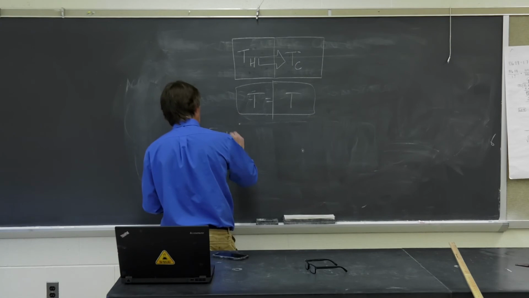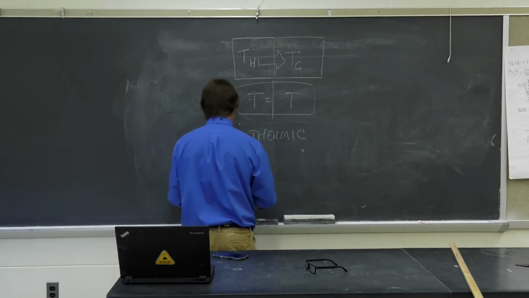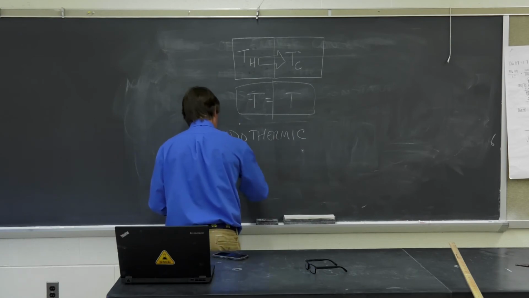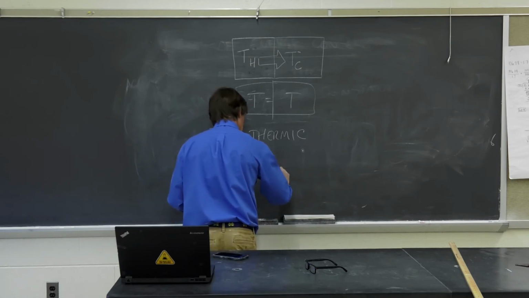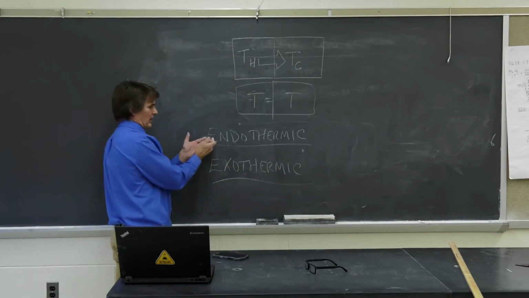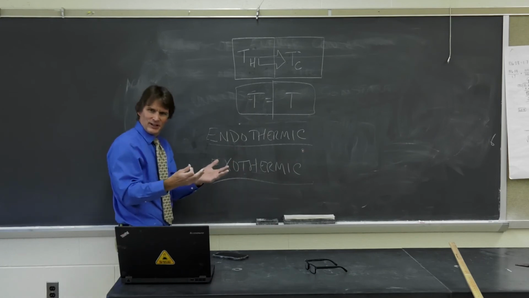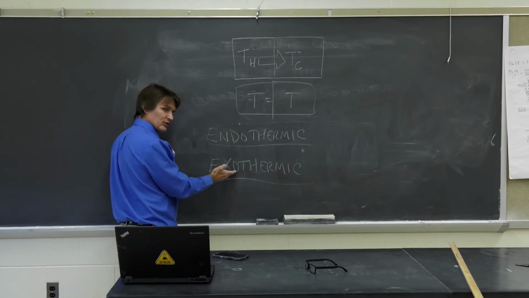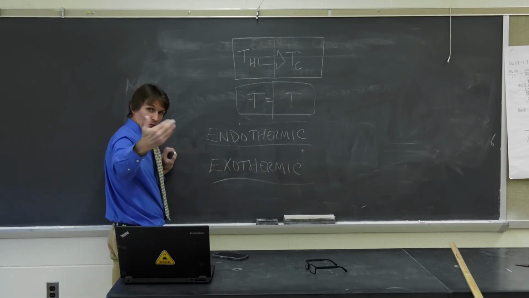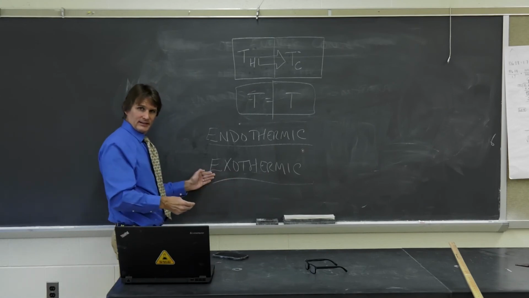So endothermic and exothermic. In these terms, I see endo, which means into. It kind of sounds like into. And I see exo, which means outer or out of. Exo kind of sounds like exit as well.